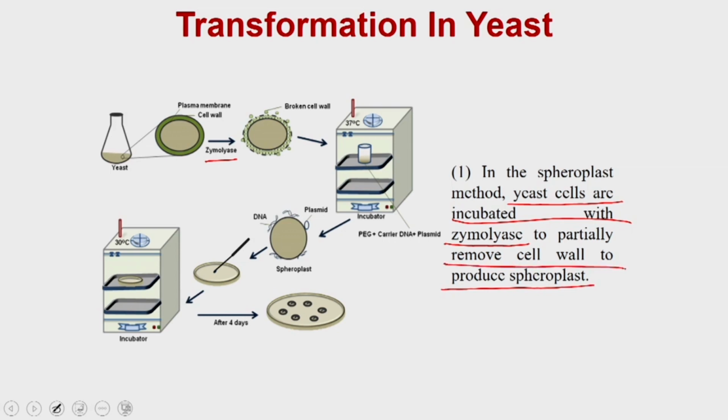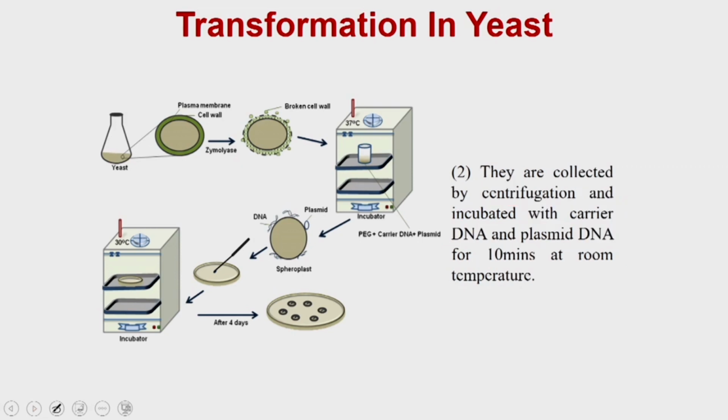Once the spheroplasts are generated, you collect them by centrifugation, and then you incubate these spheroplasts with carrier DNA, so that you block the sites on the cell wall as well as on the plasma membrane, and with the plasmids for 10 minutes at room temperature.